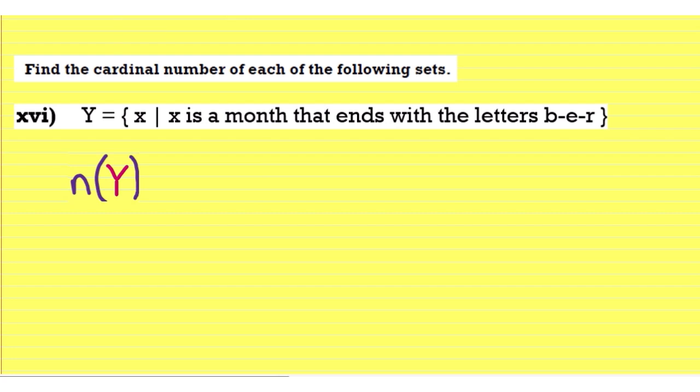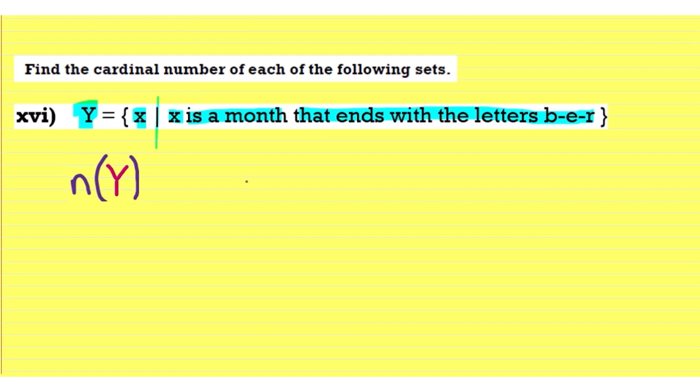I have one last problem to do. The set of Y is equal to the set of X such that X is a month that ends with the letters BER. Okay, so which months end with BER?